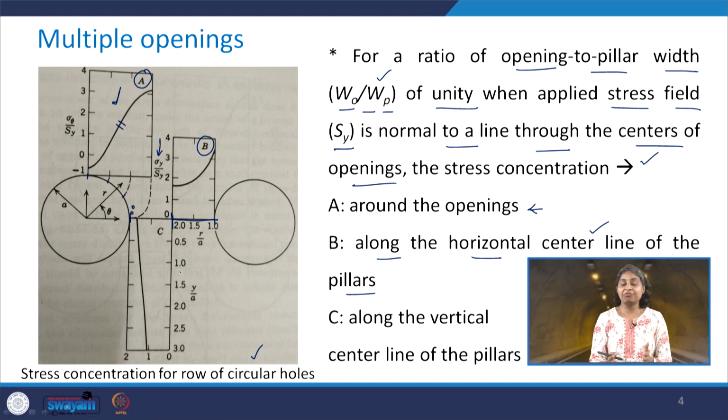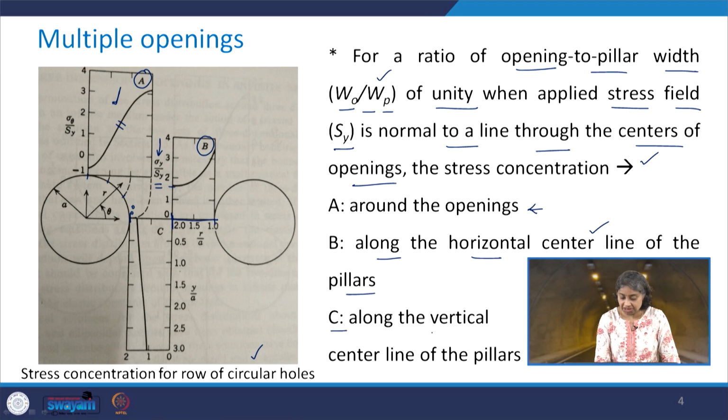And how did we define the stress concentration factor? That was the stress divided by the applied stress. So in this case, it is sigma y upon SY, and you can see the variation at the center line is approximately maybe 1.7 or so, and then it increases as you go beyond the center line.